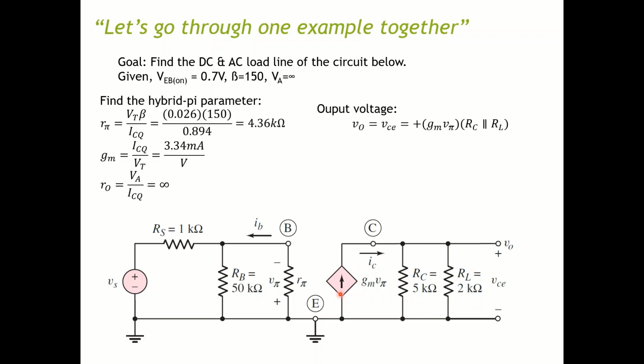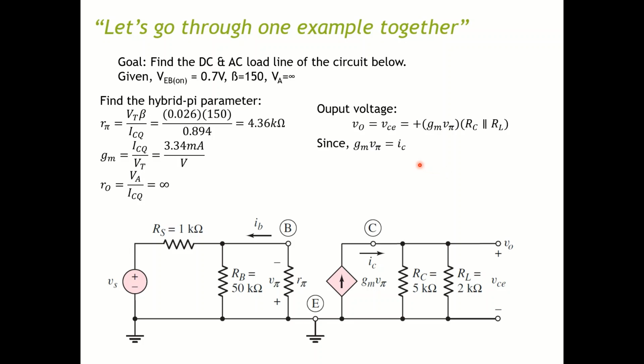You know that VCE is equal to the current flowing here multiplied by the parallel resistance, the two parallel resistors here. So RC parallel RL multiplied by gm V pi.